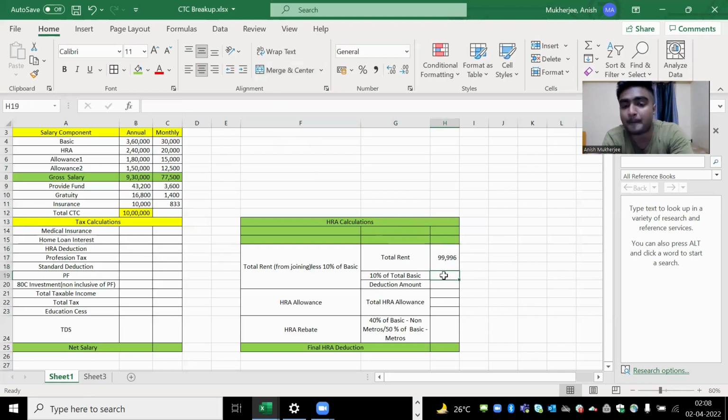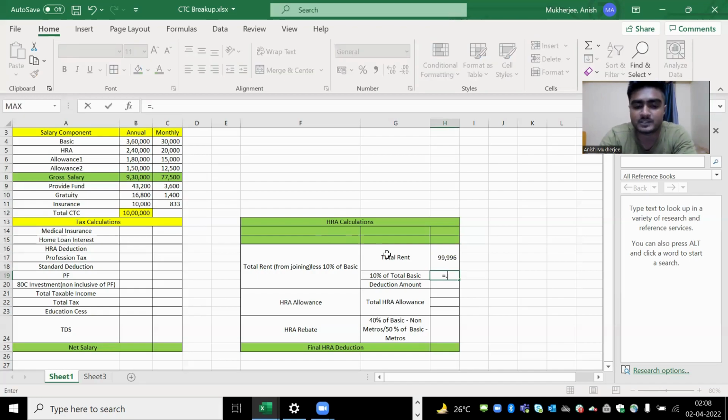So 10% of the total basic also we need to calculate, because for the first step, as I said, the total rent that you are paying minus 10% of the total basic that you are paid annually will be your deduction amount. That is step 1. The basic is 3,60,000, so I'm calculating 10% of my basic.